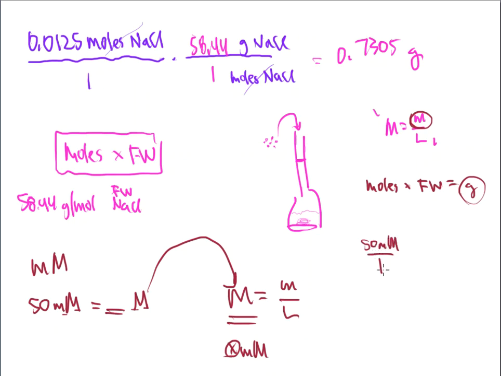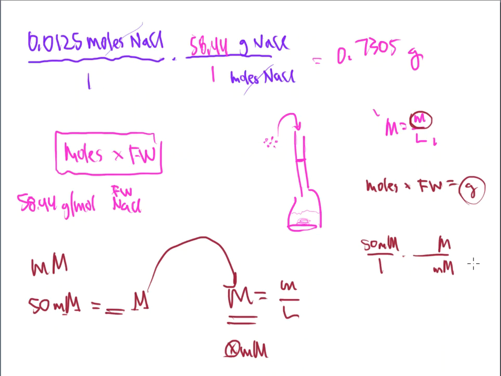50 millimolars over 1. All right, so in the next step, I do a multiply, do my dividing line just like I did up here at the top, and millimolar is on top in the first step. So millimolar goes on the bottom in the second step. And I need to convert that over to molarity.